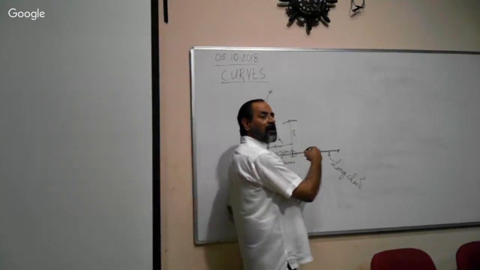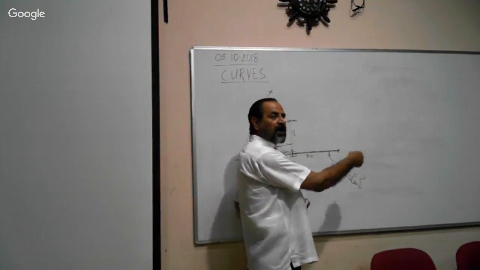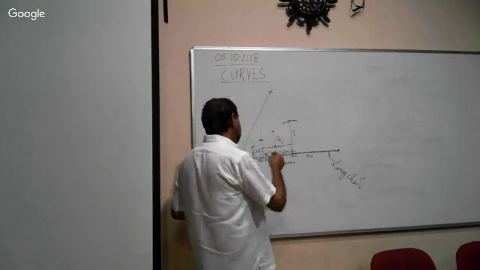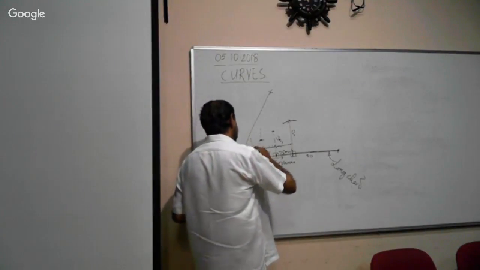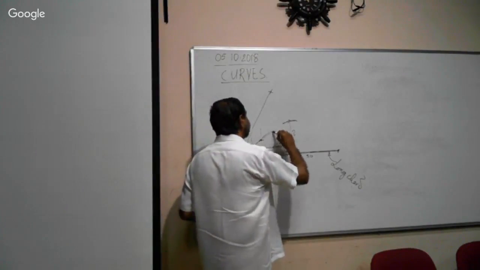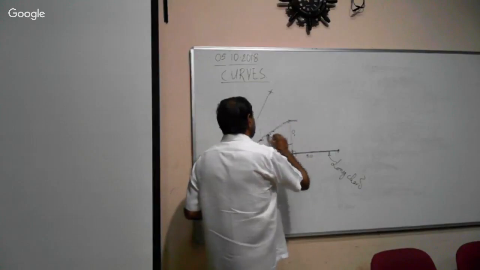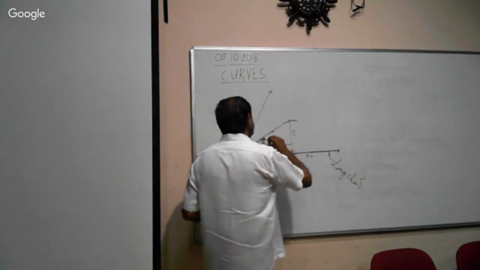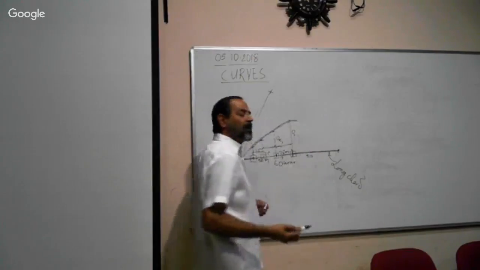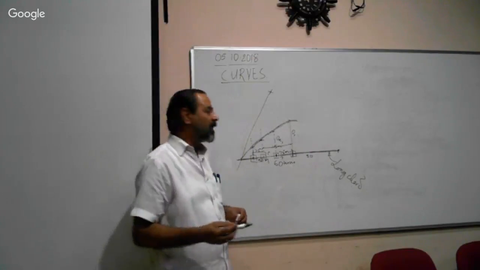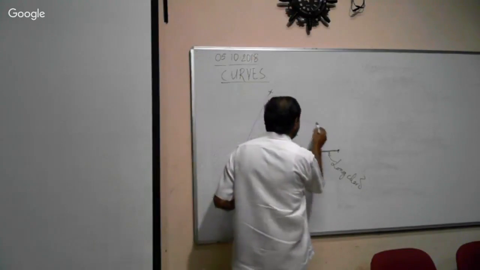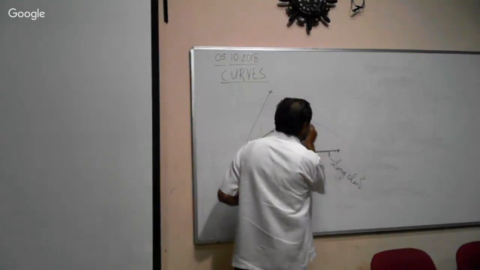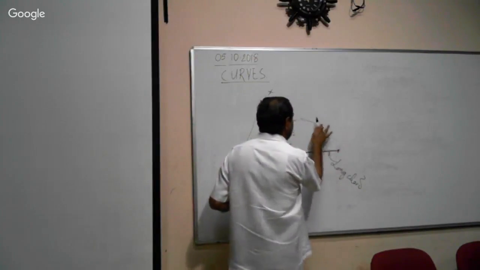Similarly, do it to the other side also. Continue this to the other side also. Then smoothly join these, and we will get the required curve. Now we have transferred the curve to the field.